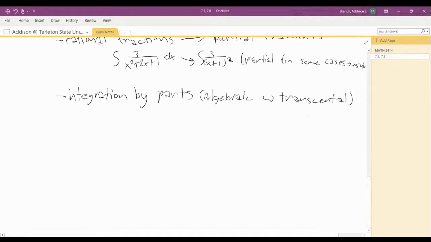And of course, by transcendental, as a review, that pretty much means either a trig, exponential, or a log. So for example, x times natural log of x is a perfect example of when to use this. But if you had some other one, like e to the x cosine of x, that wouldn't necessarily be a good way to do it, because you would make it into a situation where you're going around in circles the whole time.